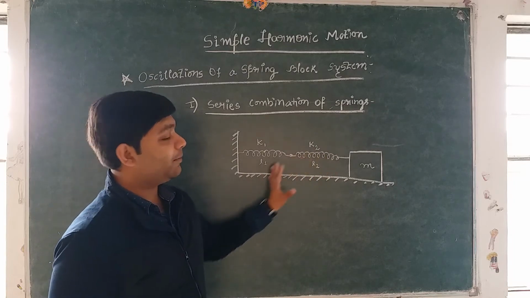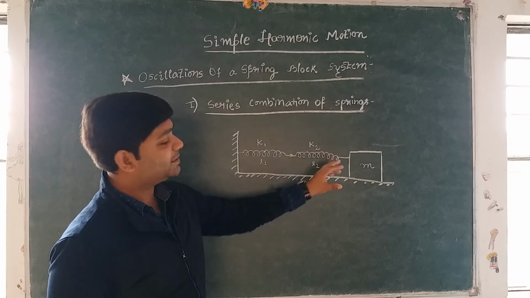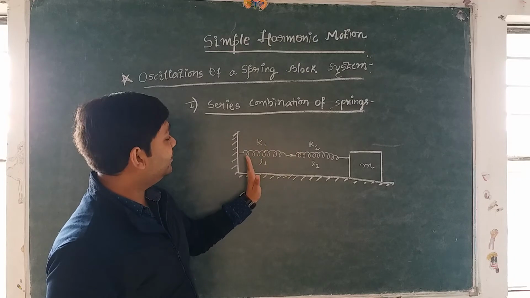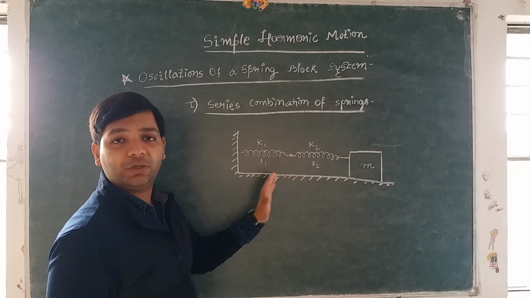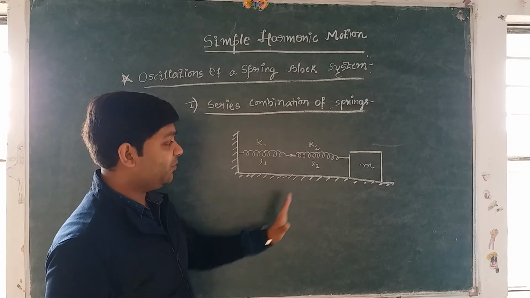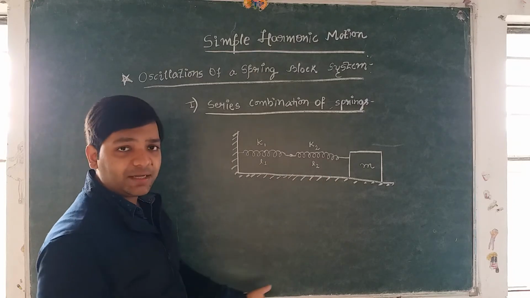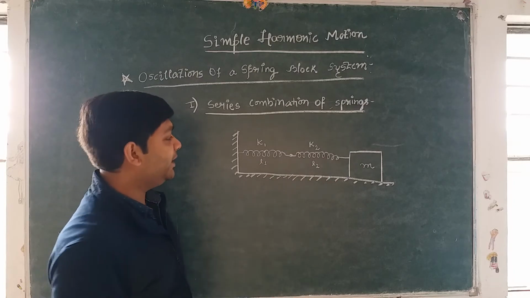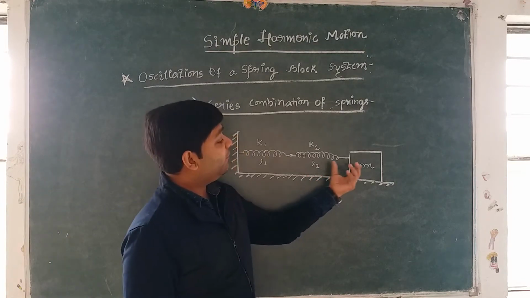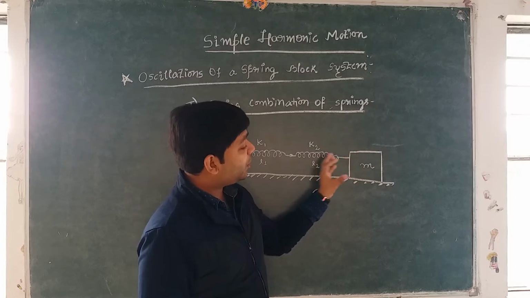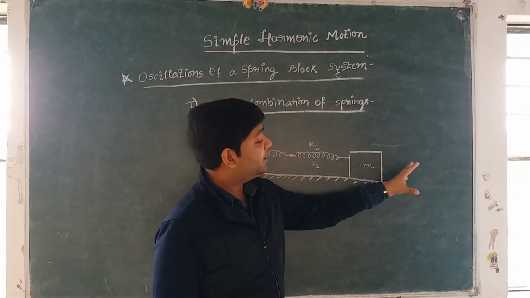So this is the picture, and right now the system is in equilibrium. Both the springs are in their natural lengths. There is no elongation or compression in the springs as of now, and the system is at rest and in equilibrium, right?